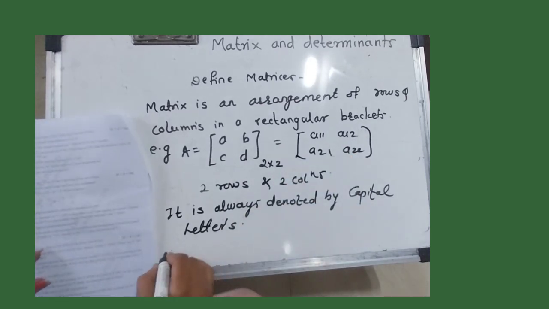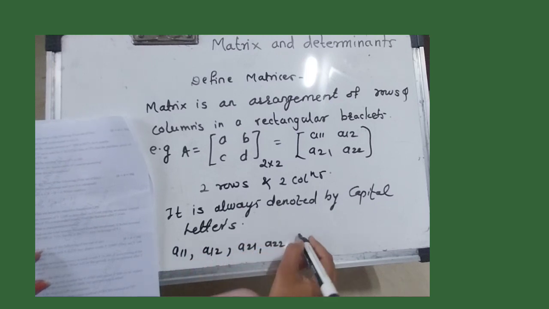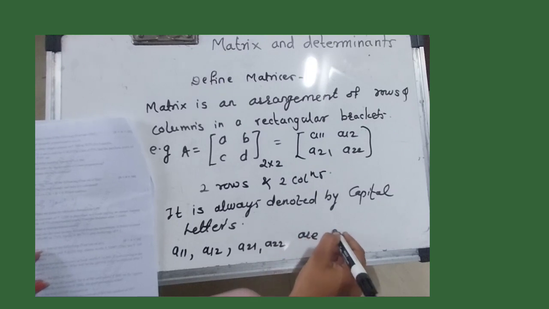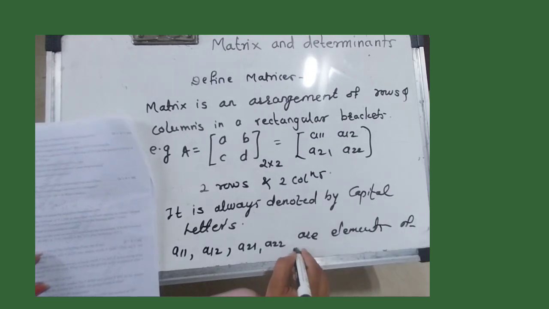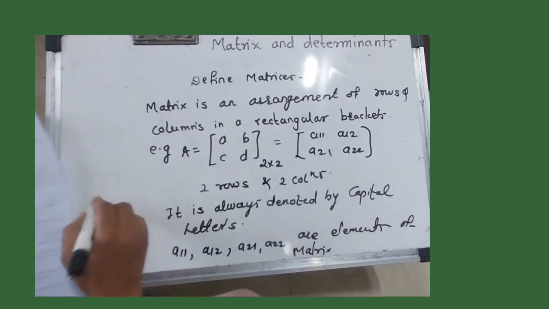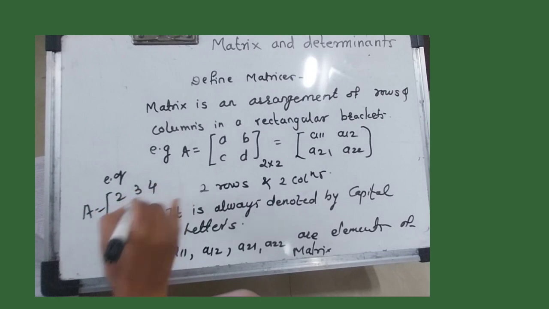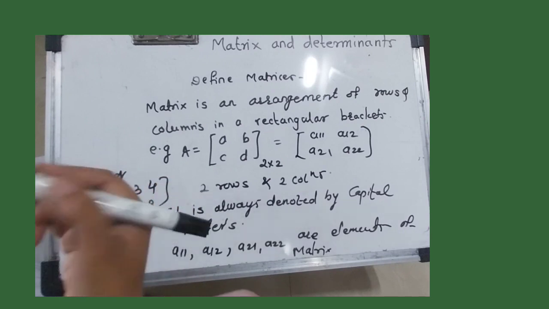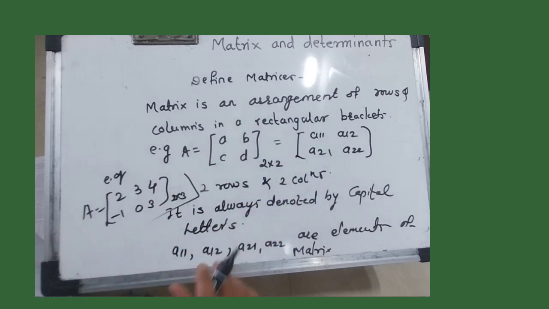So here we write a11, a12, a21, a22, which are elements of the matrix. Give some more examples. For example, A equal to [2, 3, 4; minus 1, 0, 3]. This is also a matrix, of order 2 by 3. So this is for 4 marks. Don't miss out, it is very simple.